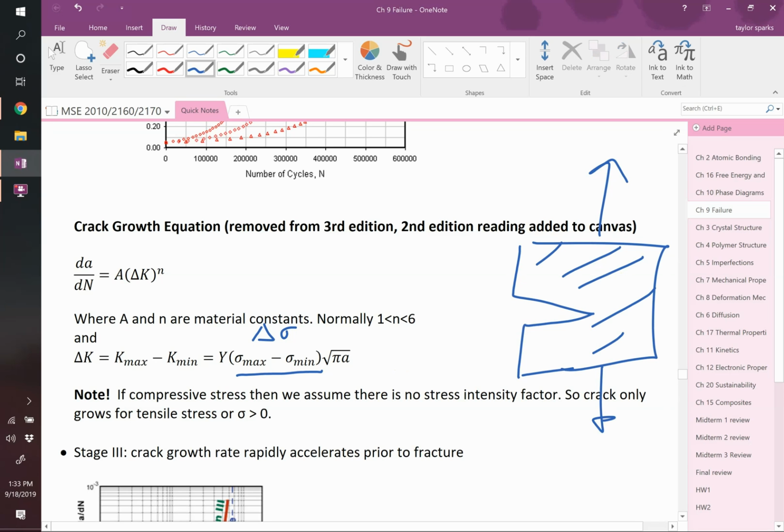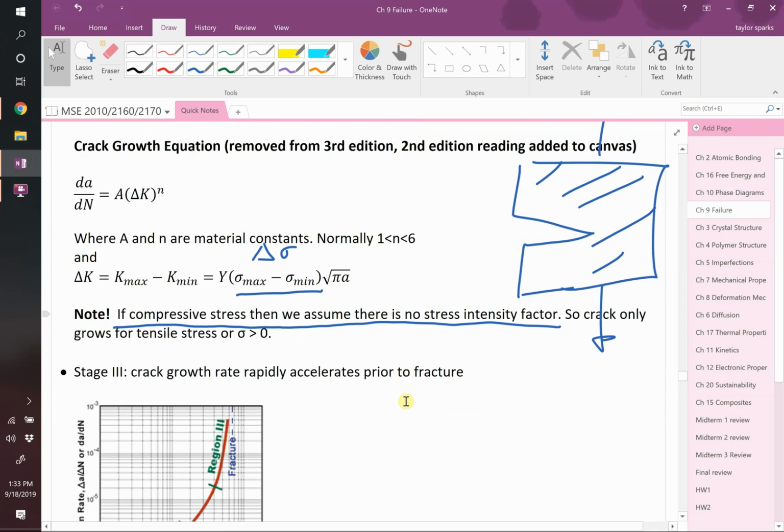Because of that, we assume that if it's compressive stress, there's no stress intensity factor. Or in other words, the crack only grows when your stress is greater than 0. If it's compressive stress, where the stress is less than 0, we're assuming that it just doesn't grow. That's a major assumption in this class, okay? It's not true, but it's a pretty good guess, okay? If you wanted to get more specific, you could account for it, but we won't do that in this class.